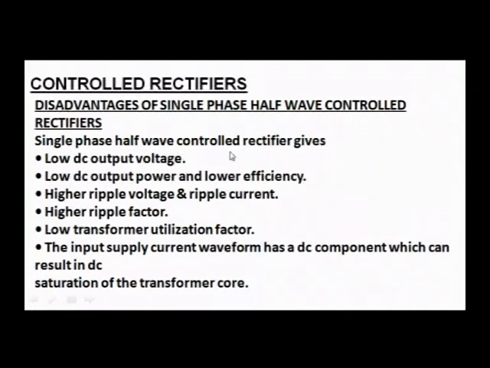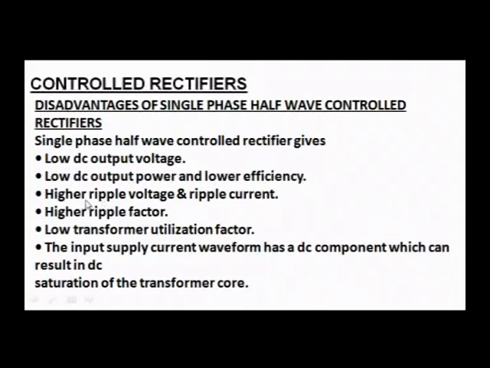Single phase half wave control rectifiers give low DC output voltage. So, I cannot make use of them wherever I require higher output DC voltages. Low DC output power and lower efficiency. Ripple means the percentage of AC which is present in the DC output. So, it has a high amount of ripple, unwanted voltage.